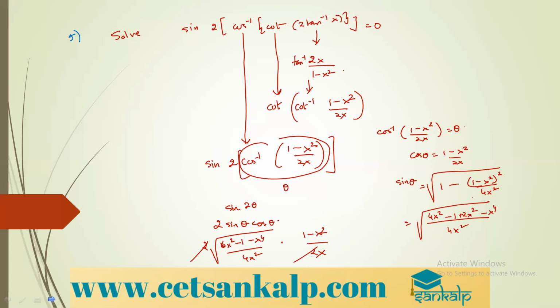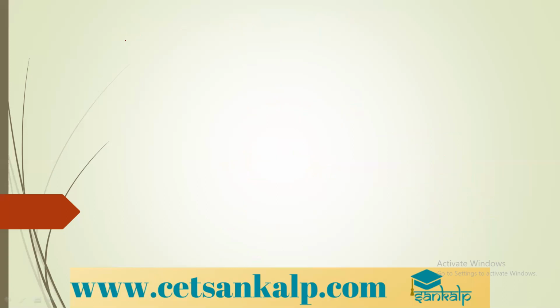Now how to simplify this? I can write this as square root of, instead of multiplying, I will keep it like this, 4x square minus 1 minus x square whole square over 2x square, and the other side, whatever I have, I will write it as 1 minus x square. So this entire thing will be equal to 0 as per the equation given.